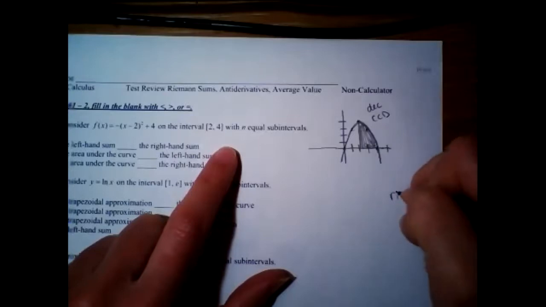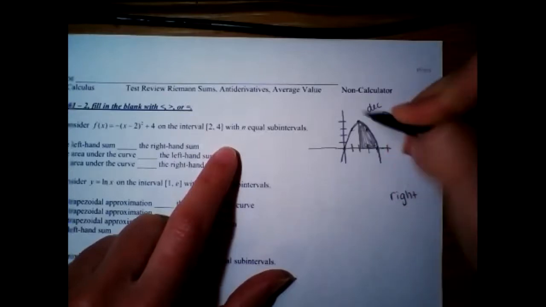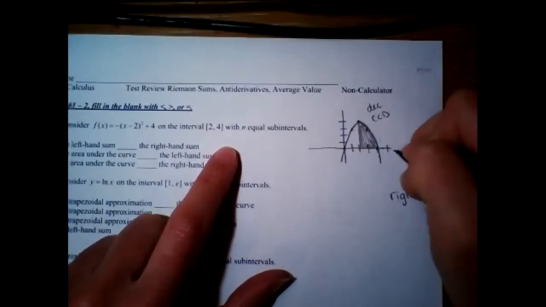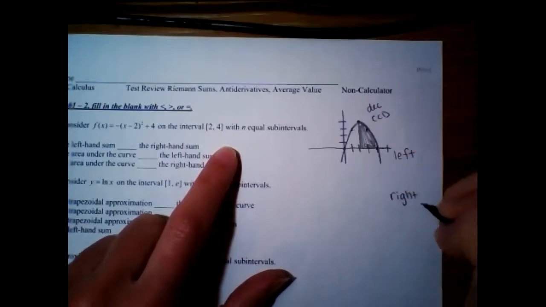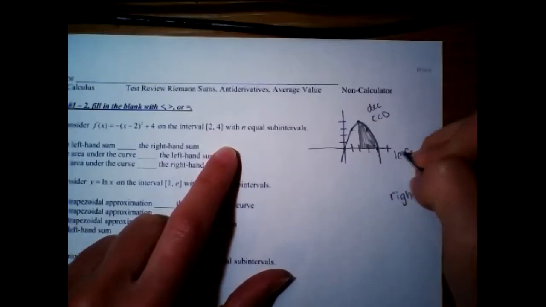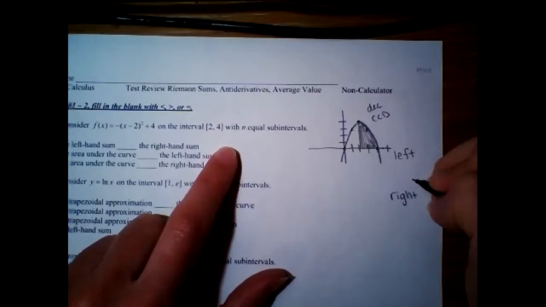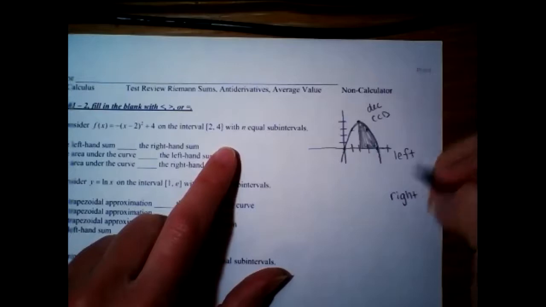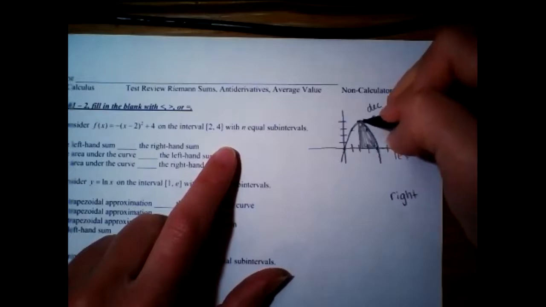So the right sum is going to be the lowest one. Left is highest up, so left is going to be the highest one. The true area is going to be somewhere in between, and then trapezoidal is either going to be just above or just below that. And it's going to be just below.